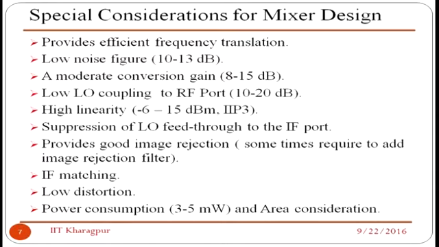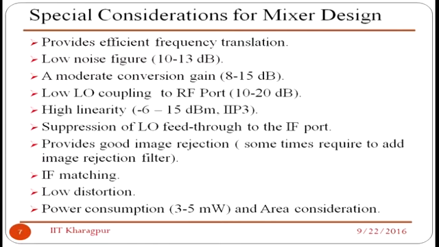A 10 to 13 dB noise figure is not that low, but don't unnecessarily stretch your design to achieve a very low noise figure in a mixer at the cost of its linearity. I would say that 10 to 13 dB is fine, because in the previous stage you have an LNA of 16 dB. So its contribution will be minimal, because (NF2 minus 1) divided by the gain of the LNA is the fractional noise figure that will be added to your system.